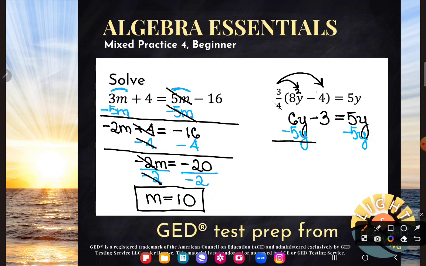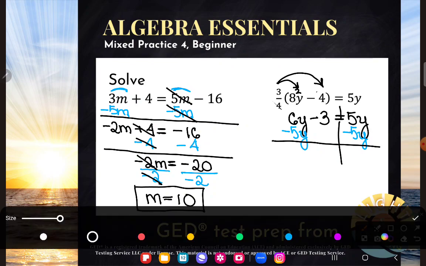But if I do that, it's going to leave nothing on the right-hand side. You see how if I have 5y, I take away 5y, there's nothing. So I'm going to do something else at the same time. I'm going to move the number the other way. It's okay, you guys. Can we do that? Well, yeah, as long as you do it to both sides. Okay, let's see what we'll get.